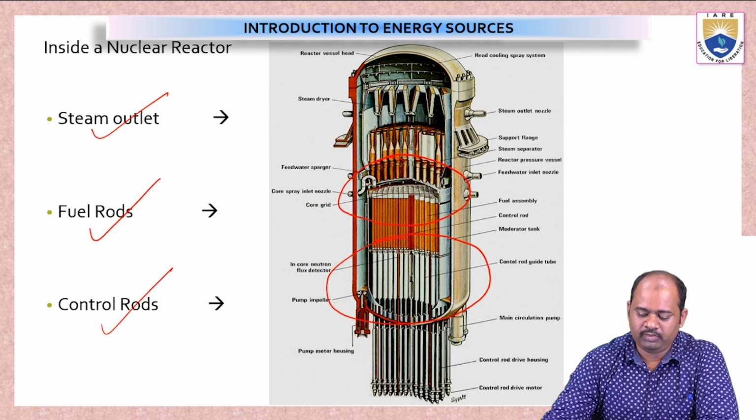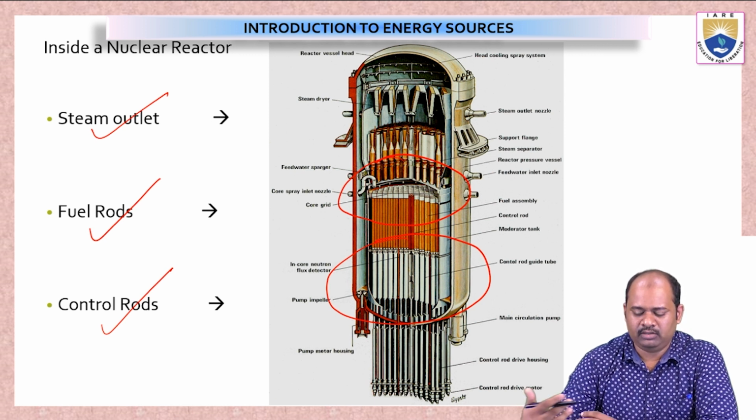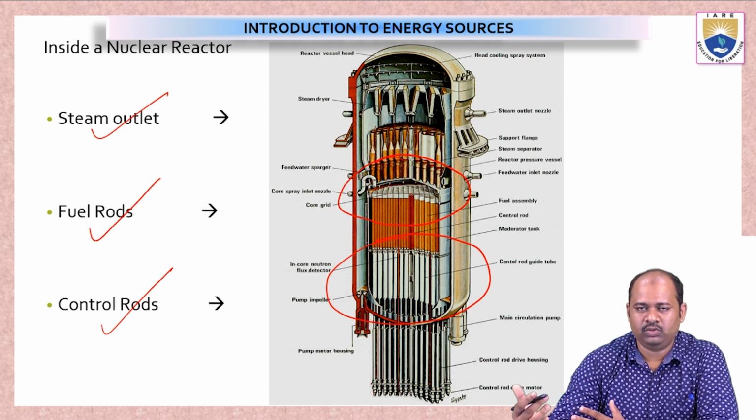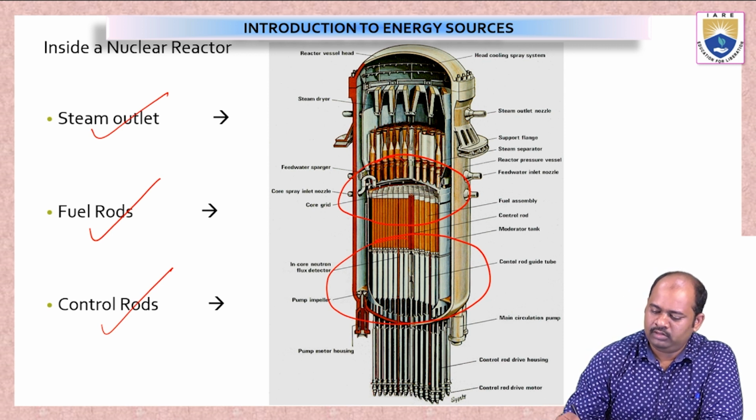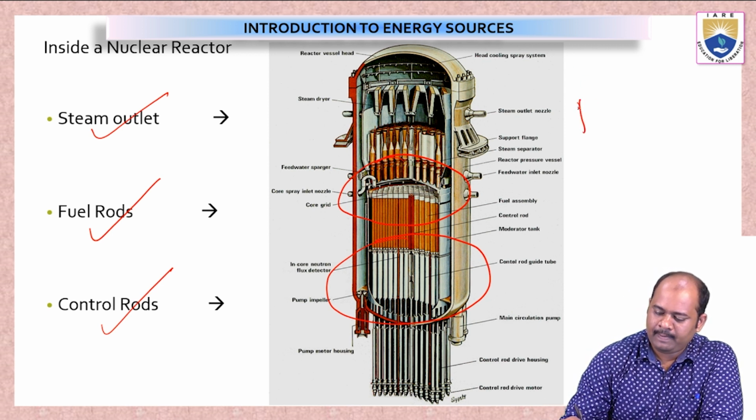The control rods will be moved inside when there is a chain reaction, and whenever the control rods move inside, they absorb the heat and stop the reaction. Whenever the reaction is stopped, we will no longer get heat. That is when we will remove the control rods from this assembly, away from the fuel where the chain reaction is taking place. When there is a reaction, we will insert the control rods.